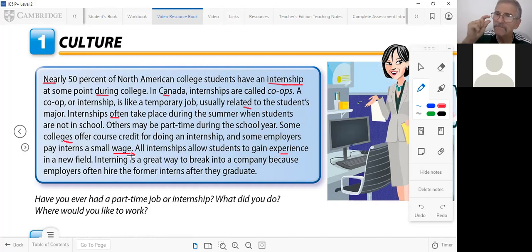Salary, you know, okay, the amount of money for your job, the amount of money that you receive for working, it's a wage, okay? A small wage is a small salary. It's a minimum salary. Do you understand salary?